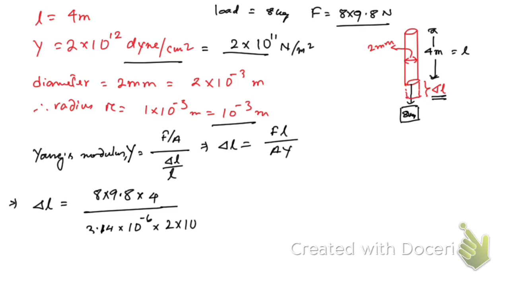This is in meter, as all the units are converted into SI units. So 2 cancels 4, 2 gives 2, and this 2 cancels, this gives 1.57, right?